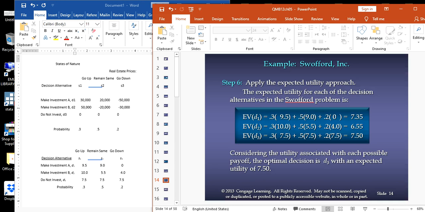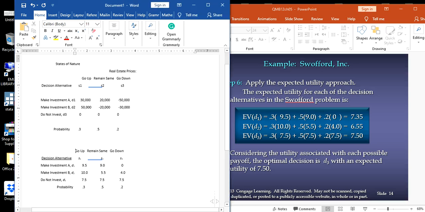Decision 3 we have 7.50. So in this case the highest one is the alternative 3, to not invest. But according to the expected value of payoffs, monetary values, I mean dollars, the best case was this.